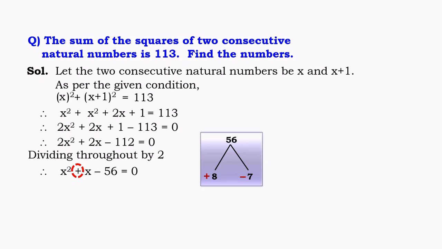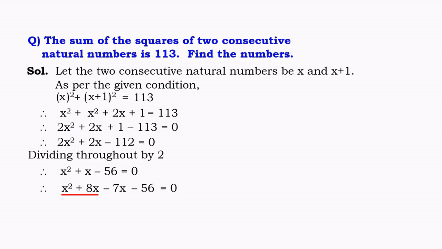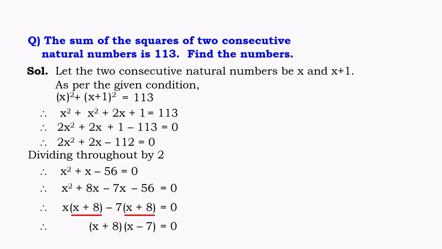Therefore, we rewrite the equation as x squared plus 8x minus 7x minus 56 equals 0. Taking common factors, we get x multiplied by (x plus 8) minus 7 multiplied by (x plus 8) equals 0. Factoring further, we obtain (x plus 8) multiplied by (x minus 7) equals 0.